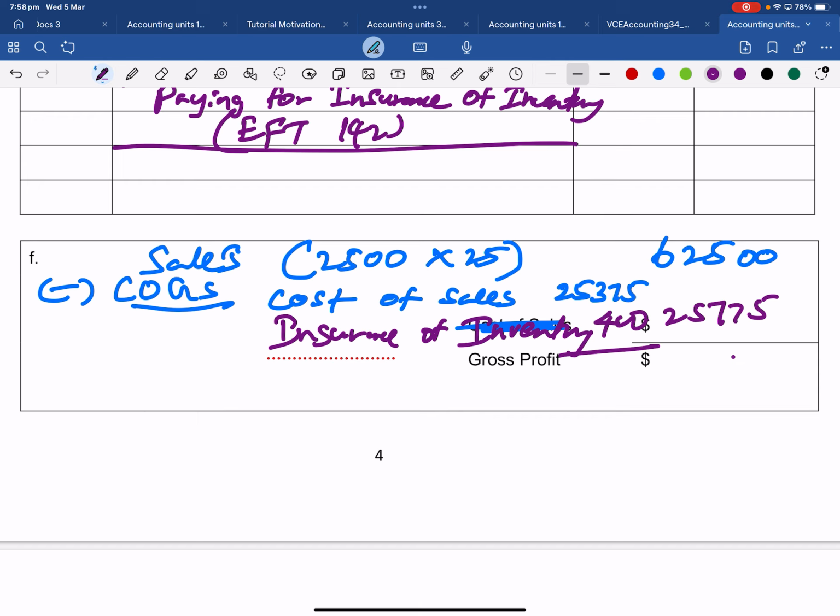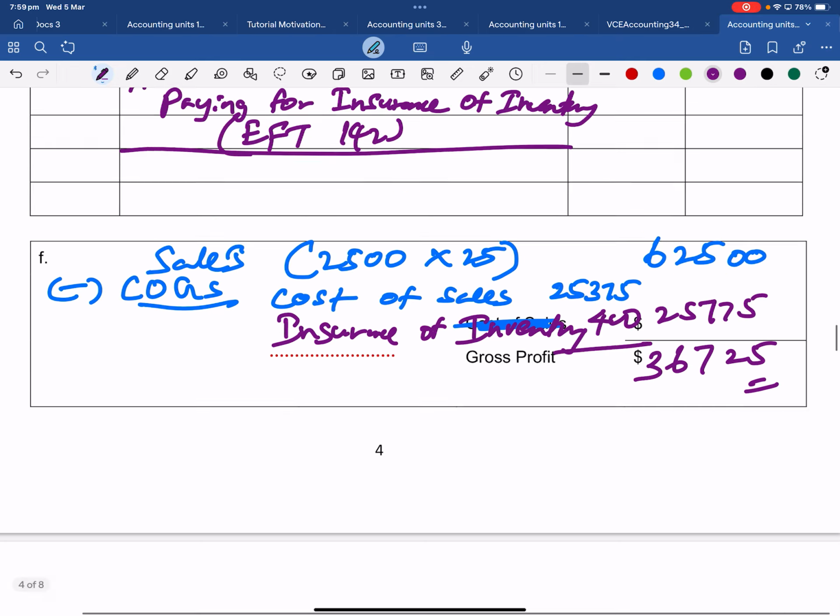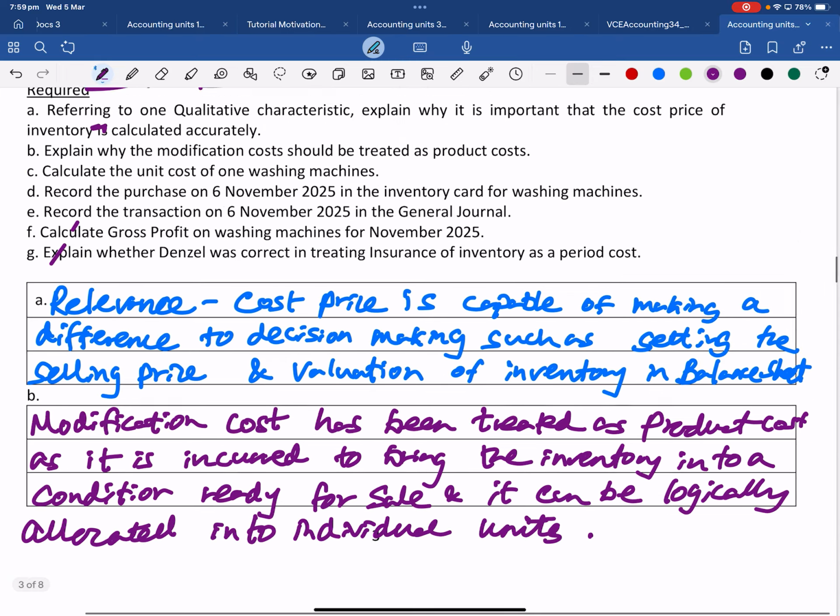Then the gross profit will be how much? 36,725. Any questions, guys? No? All good?